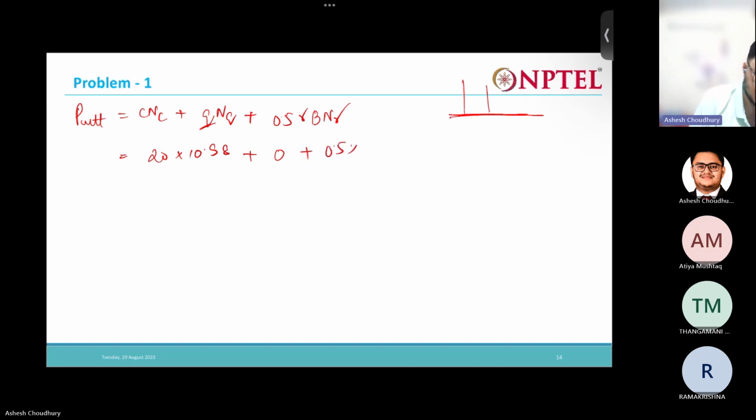Plus, goes into 69 square. Now what is the P acting? Pressure acting is 18 into 6, the total height, 6 meters into 8, plus the dead load.